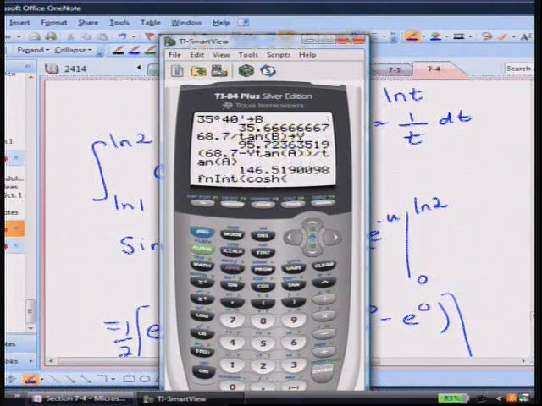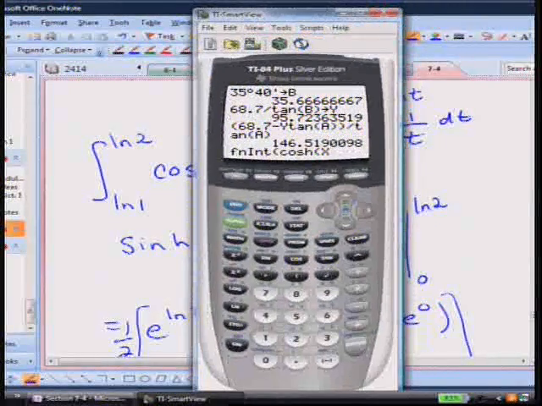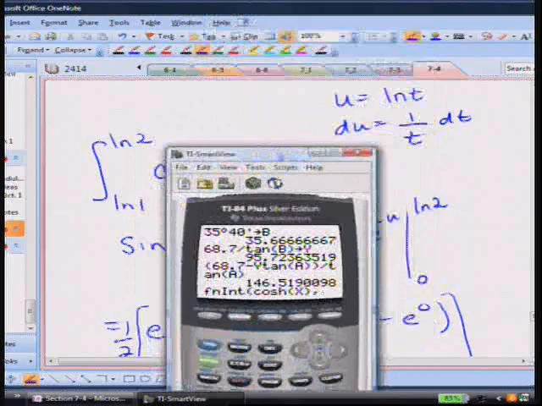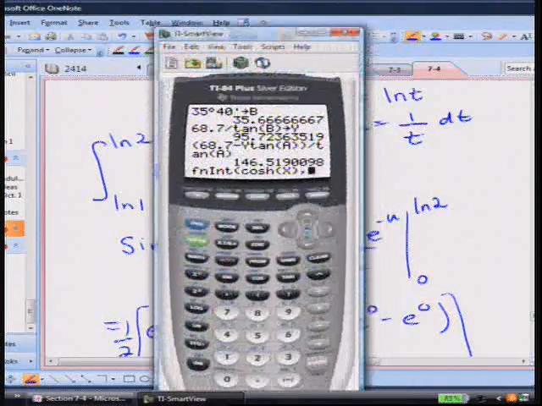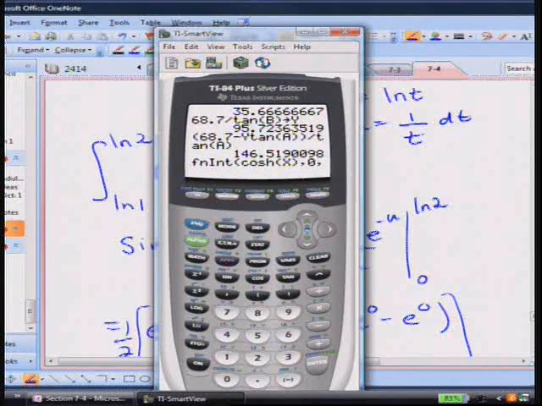And then you put that in there, and then it was just of x. Close your parenthesis, and then it was ln 1 to ln 2. So ln 1, of course, is 0. So from 0 to the ln of 2 with respect to x, yeah. Thank you.